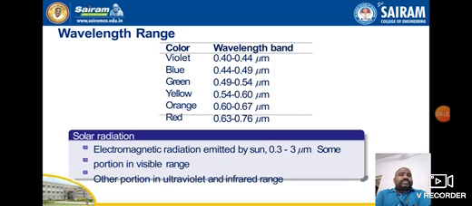Next, solar radiation. The electromagnetic radiation is emitted by the sun in the range of 0.3 to 3 micrometer. Okay, some portion is in the visible range and the other portion is in the ultraviolet or infrared range.